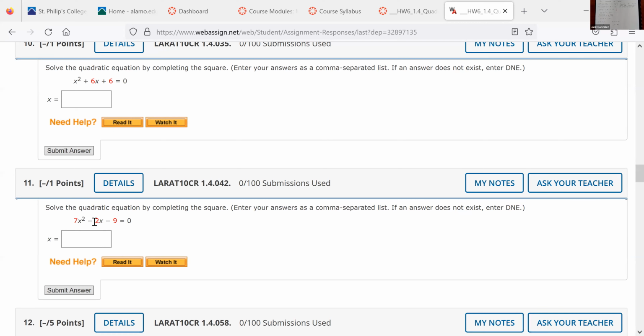So you would factor 7 out of the first two terms because it needs to look like this type. So the setup would be pull out the 7. And if you factor 7 out of -2, you'd have 2/7.